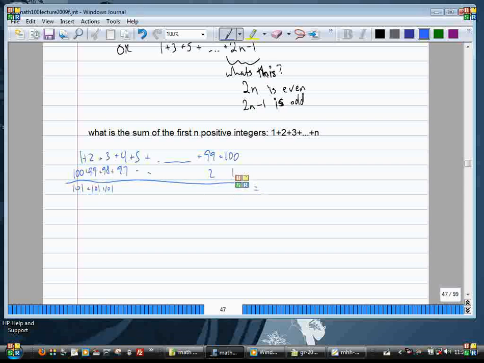The way that I've written it, you get 101 times 100. But that's not the sum of my original sum. What do I have to do? Right. I've got 2 of my original sums, so I have to divide by 2.